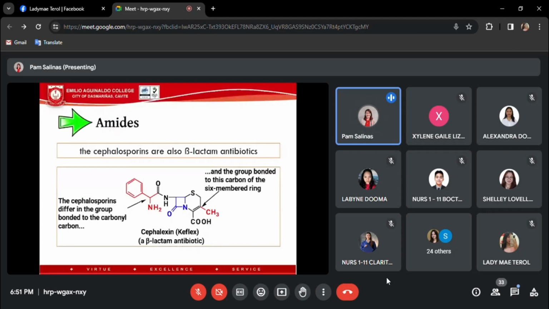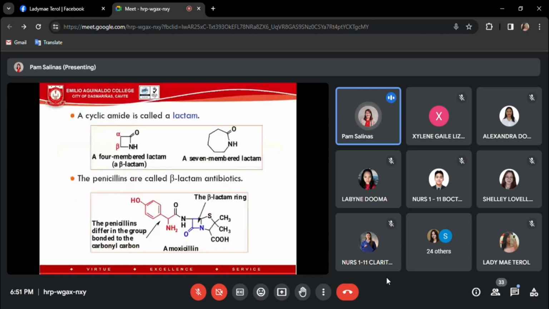We can see also that in medicine. So, this differs also in the group of the carbonyl carbon. Here, you can also see that there is a double bond O with nitrogen, and cefalexin, which is also a beta-lactam antibiotic, has an attached double bond O also with nitrogen.